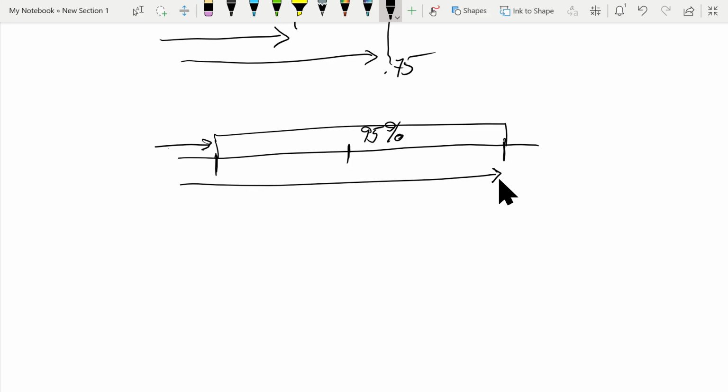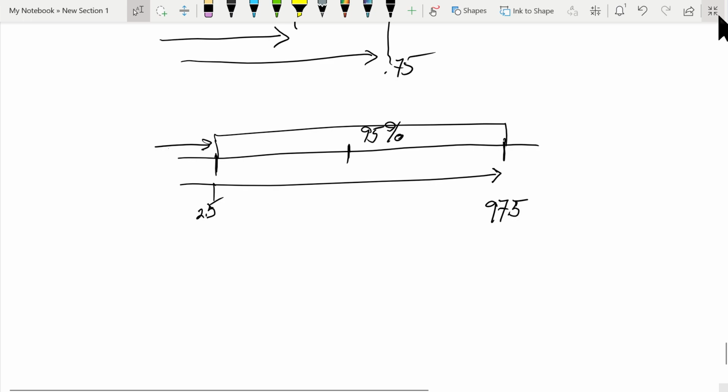97.5. That would be this one. This one is 2.5. If I used 2.5 and 97.5, what's the difference in the values? One's positive, one's negative.